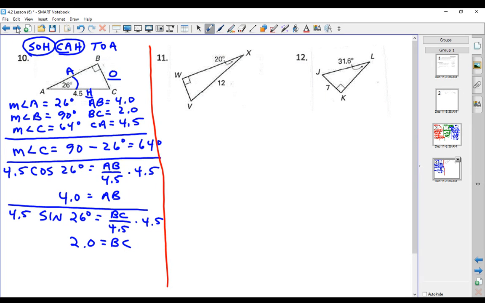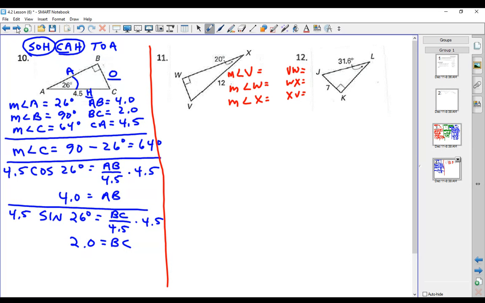All right, on number 11, if we write out our pieces here, we've got the measure of angle V, the measure of angle W, and the measure of angle X. We also have side VW and side WX and side XV.